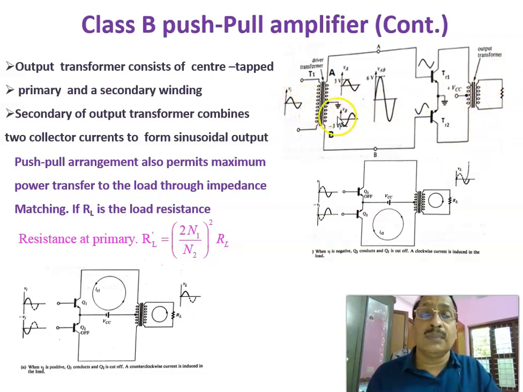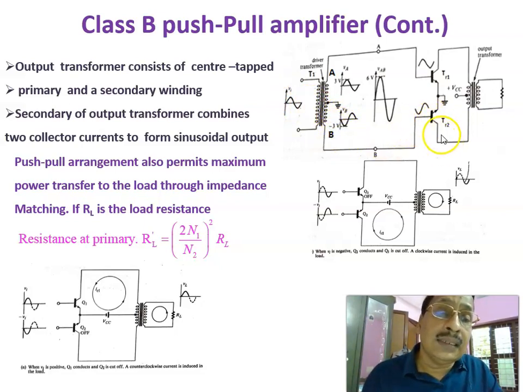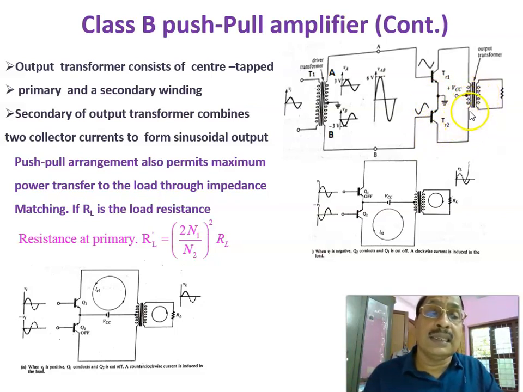During the negative half cycle of the input, TR2 will be conducting, and the current will flow through the lower part of the output transformer primary, entering the dot, so the polarity of the voltage across the load will become negative.